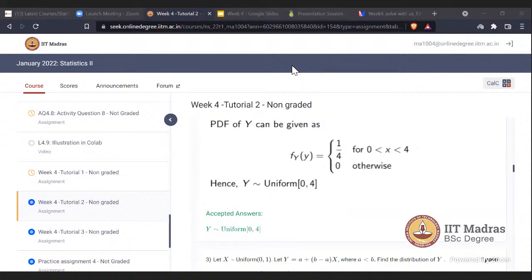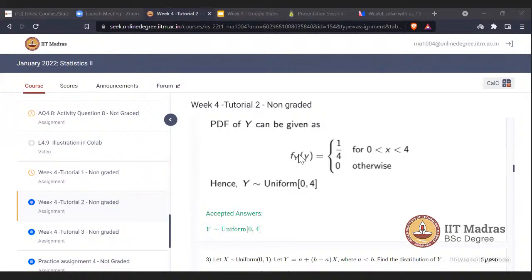I'm saying that had it been defined as y equal to x square, obviously through this method I would have found it out.